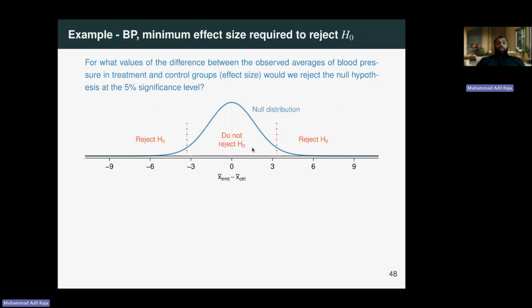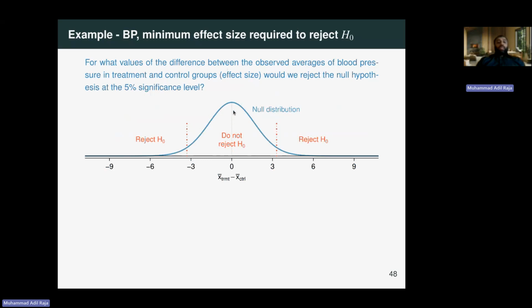So by the way, this is our null distribution, right? What does the null distribution say? The null distribution says that there is no difference between the two groups.